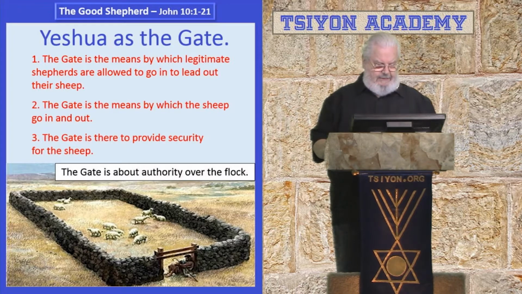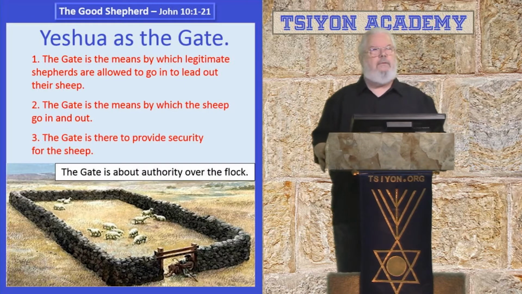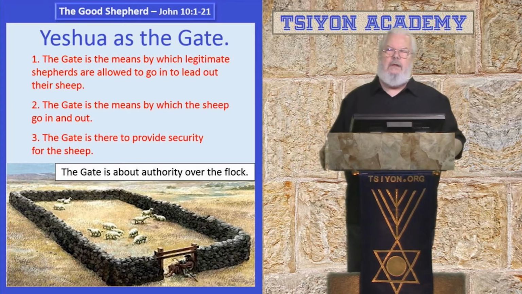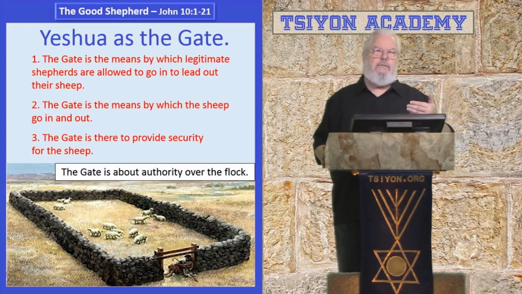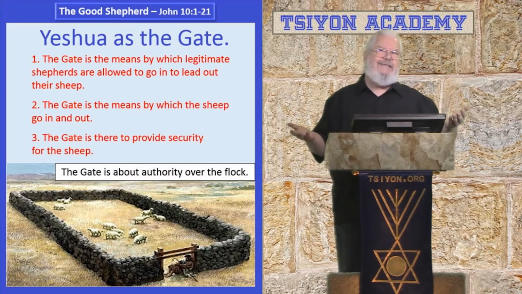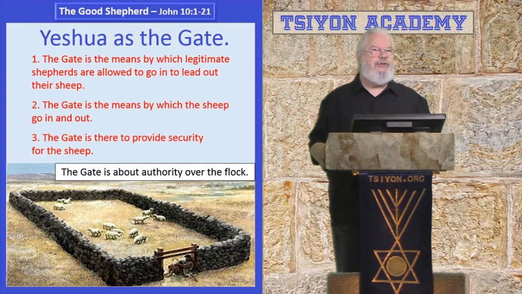Now, understanding this, I might also say this is about a bigger issue than just sheep. Israel is spoken of as a flock, but it's really people, isn't it? This is a way that Yeshua is talking about leaders: those who are true appointed leaders and those who have taken it upon themselves, whom you might call false shepherds.